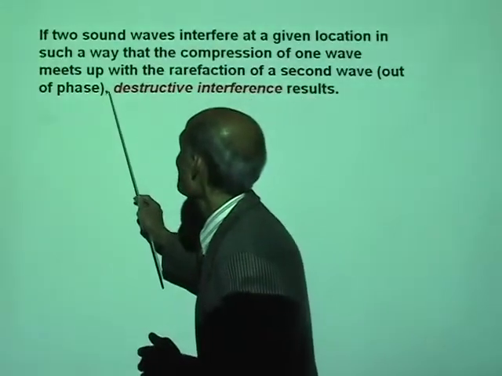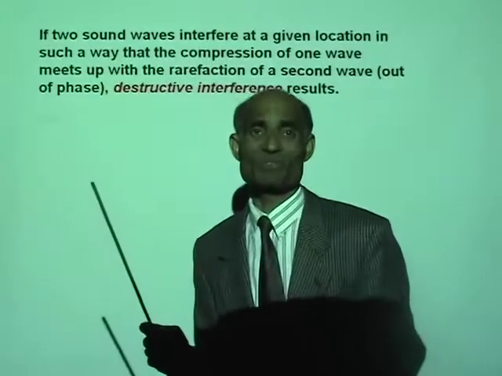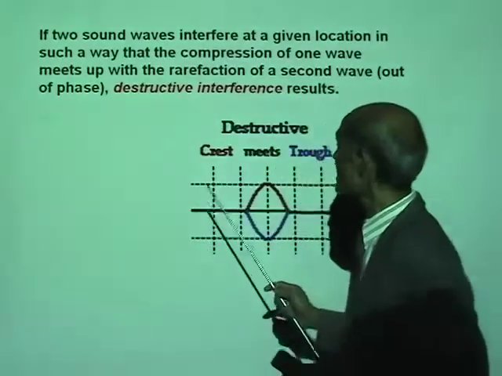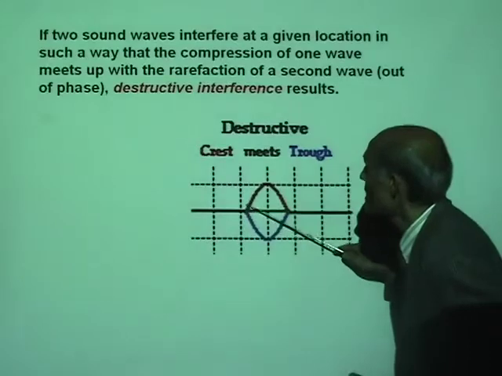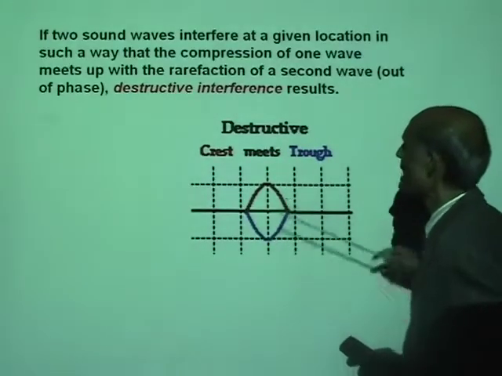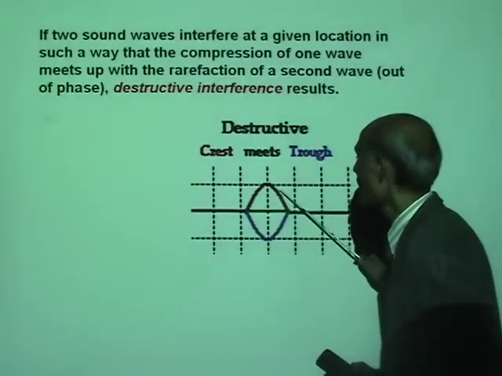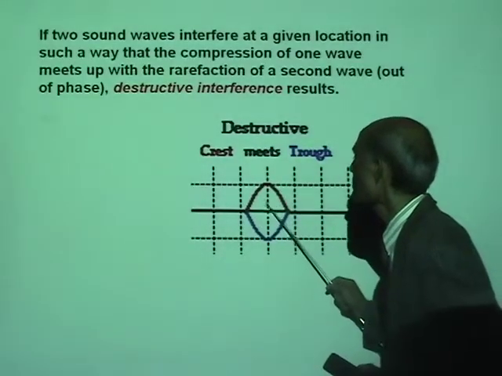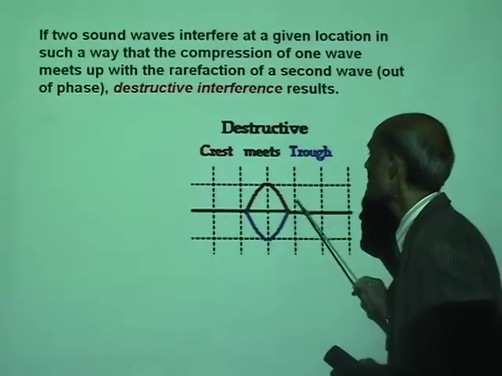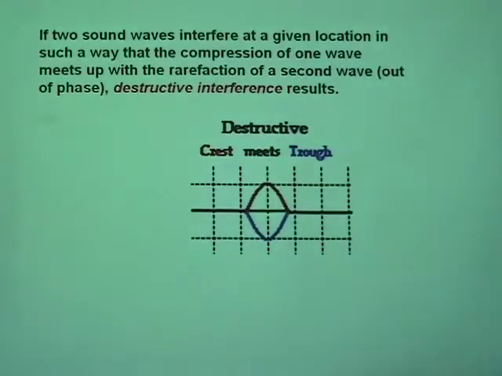We call such an interference a destructive interference. So what is a destructive interference? The compression of one wave falls on the rarefaction of the other wave. You see, the compression of the wave will make the particle move to the right. The rarefaction will make it move to the left.